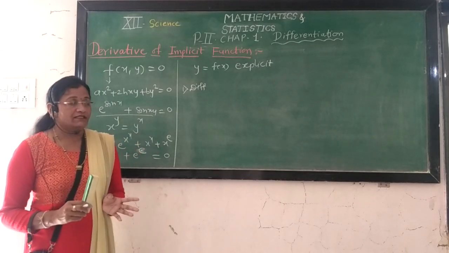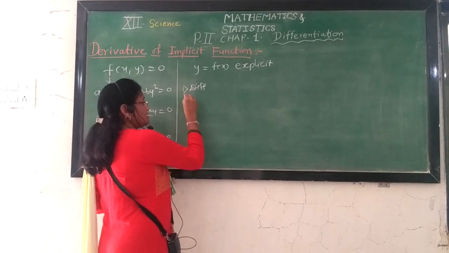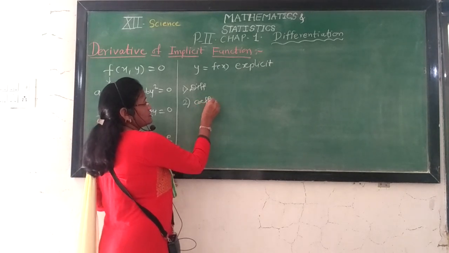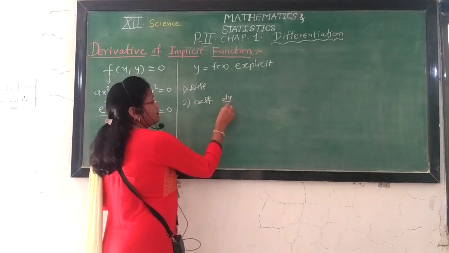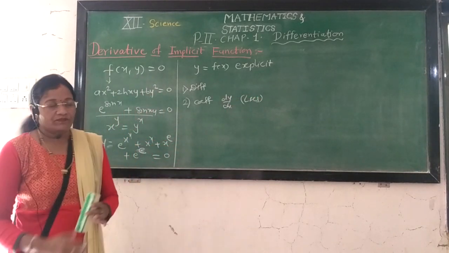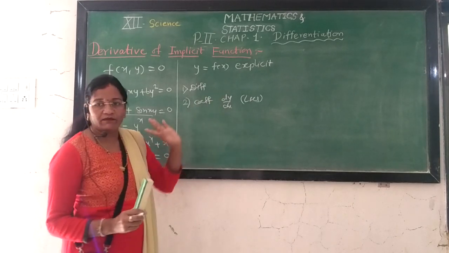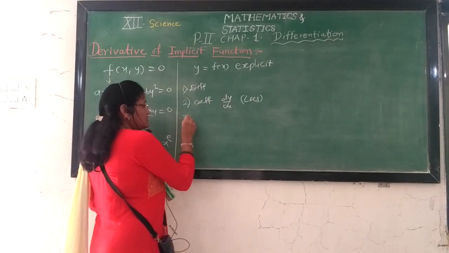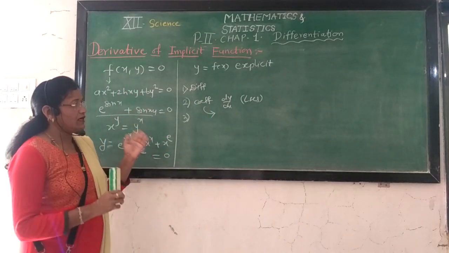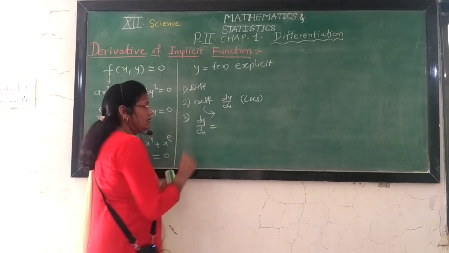So remember that after the first step of differentiation, for the second step we collect the terms with the coefficient dy by dx, and that can always be shifted to the left side. After differentiation, collect the terms with the coefficient dy by dx. And in the third step, shift the coefficient of dy by dx from left to right in order to find the value of dy by dx.